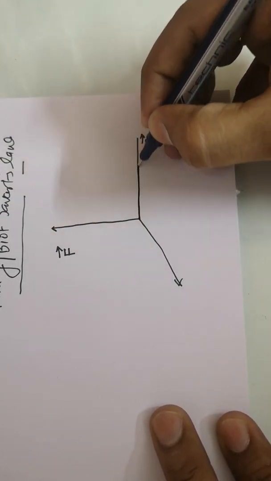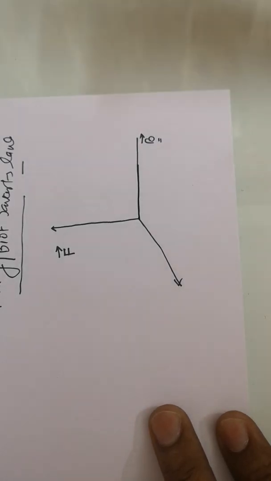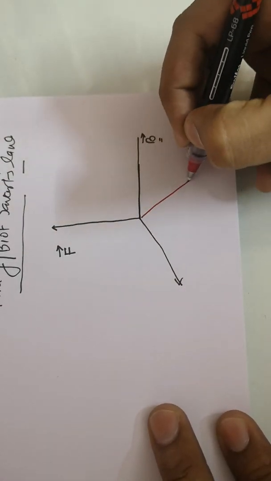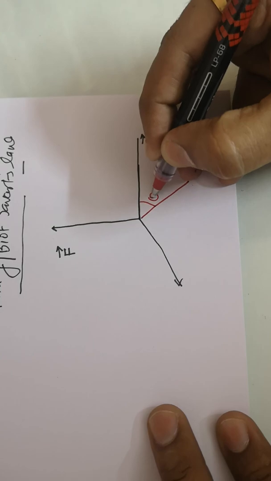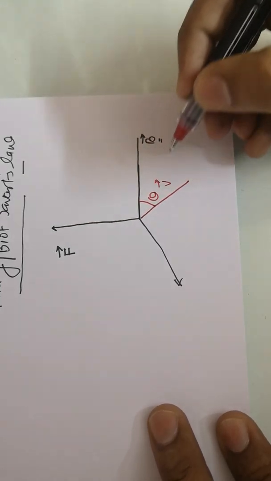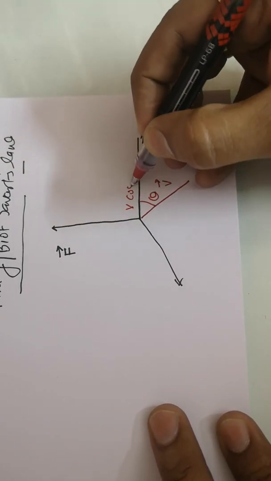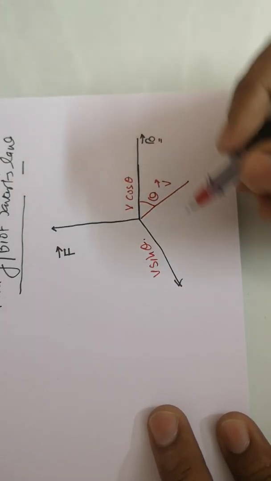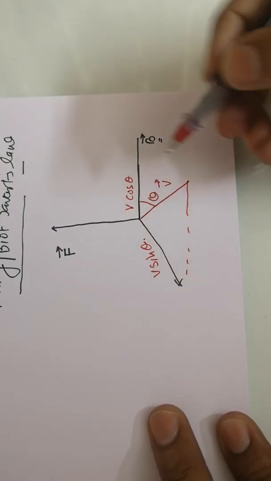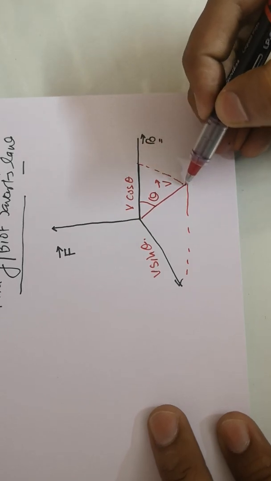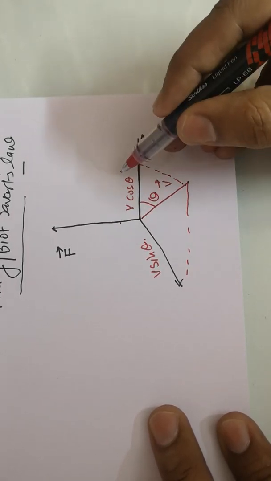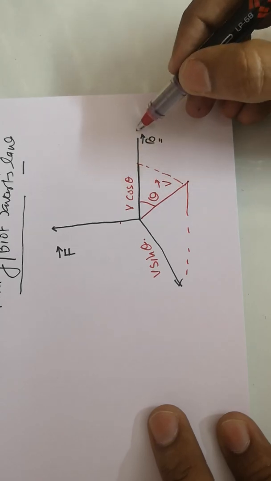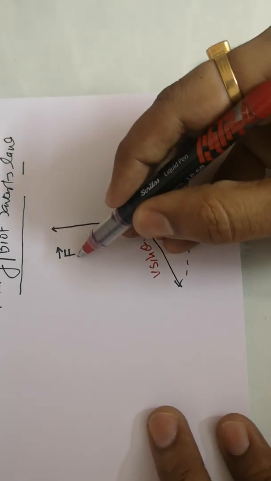Let's say my electron is moving into the axis with velocity v at an angle theta. So I can say it has components v cos theta and v sin theta. This much would be the area where there is a probability that I can find my charge. So my charge is moving in the magnetic field with such an amount of force.